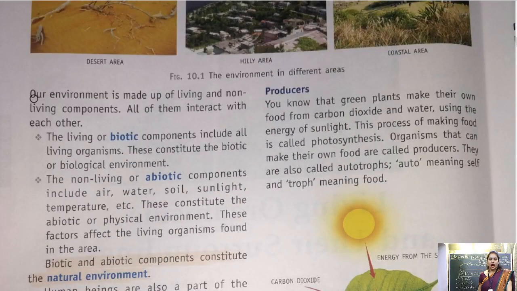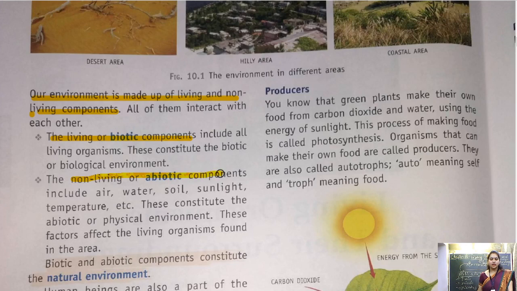Okay, our environment is made up of living and non-living components. All of them interact with each other. The living or biotic component includes living organisms like plants, animals, microbes.